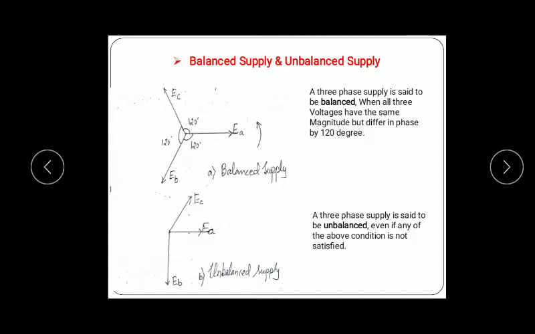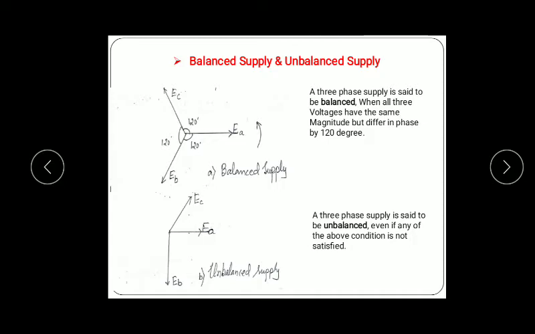The rotor has two poles, north and south, and on the rotor we place some coils. To the coils we supply DC so that we can generate constant magnetic flux. Once the rotor is rotated by means of a prime mover, it produces flux, and that flux is swept by the stator conductors.